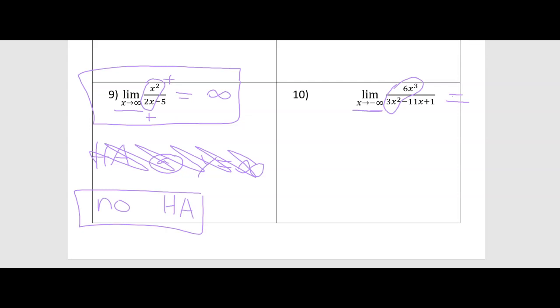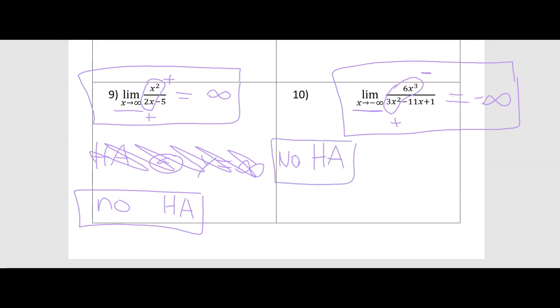And then if I multiply by 6, it's going to stay negative. In my denominator, if I square a negative number, that's going to become positive. And then if I multiply the positive number by 3, that's going to stay positive. So because my signs are different, this is going to approach negative infinity. And like the last problem, there are no horizontal asymptotes for this function.